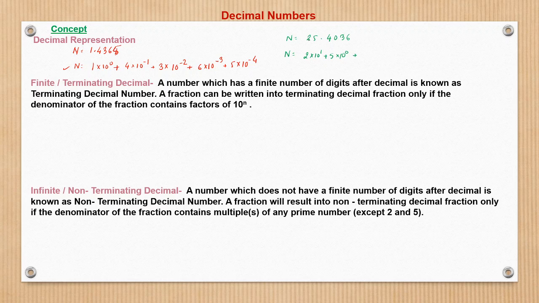Since we are working in base 10, everything so far we're working in base 10 only, so this is the expansion. Now for all the digits after decimal, it will be 4 into 10 raised to power minus 1, which is 4 by 10, plus 0 by 10 square, 3 by 10 cube, plus 6 by 10 raised to power 4, right? So this is the general expansion of these terms, and this is the general decimal representation of any number.